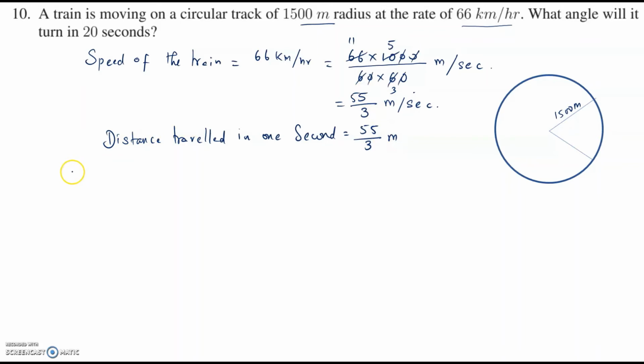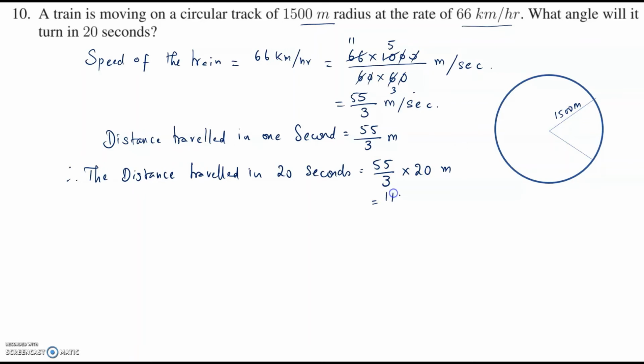So the distance traveled in 20 seconds will be equal to 55 divided by 3, that's in 1 second, into 20, and the answer will be in meters. So this is equal to 1100 divided by 3 meters.